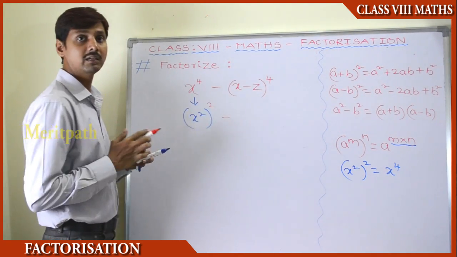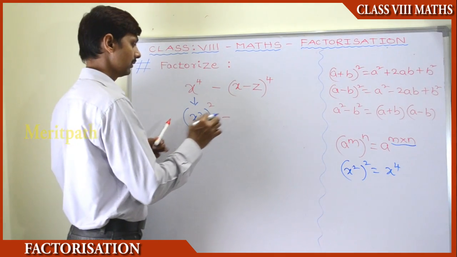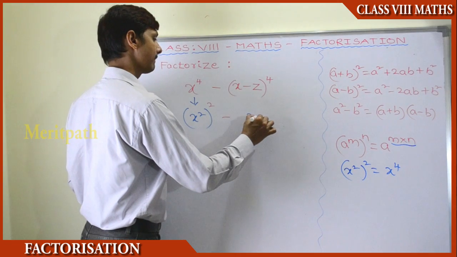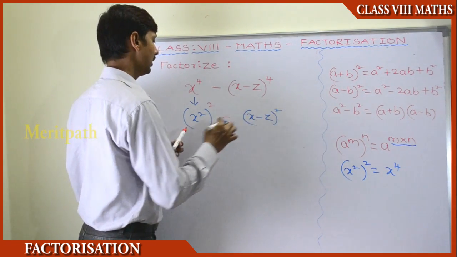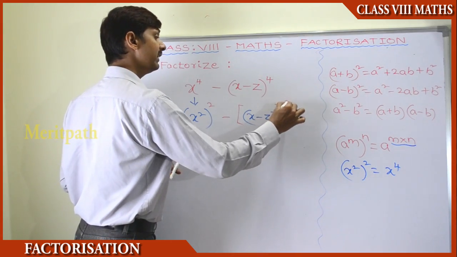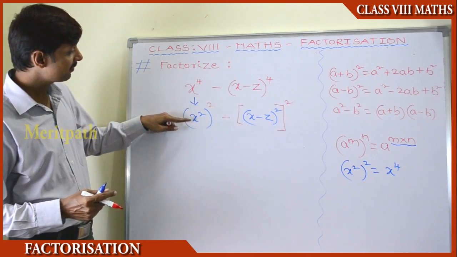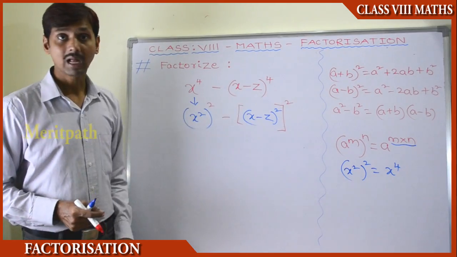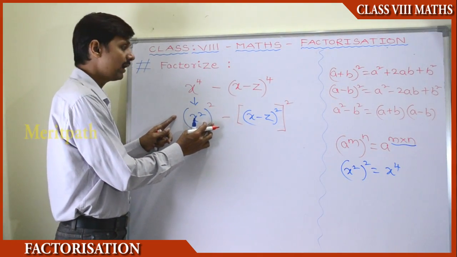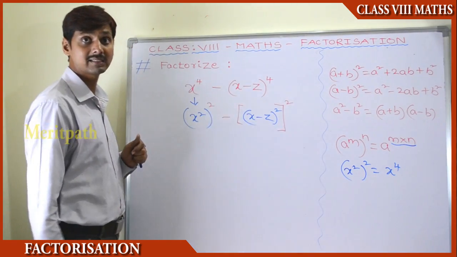So minus here, (x minus z) can be written as ((x minus z) whole to the power of 2) whole square. What we observe here is that this is in the form of a square minus b square, where the a value we have taken as this whole term x square, and the b term is (x minus z) whole square.